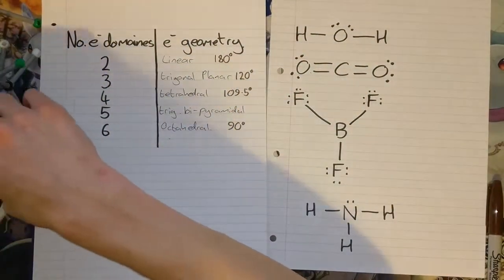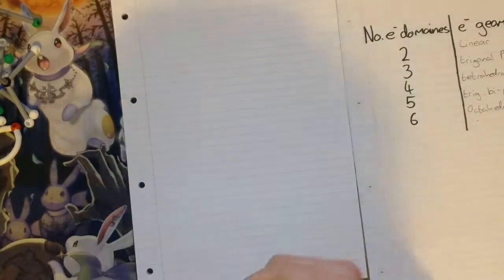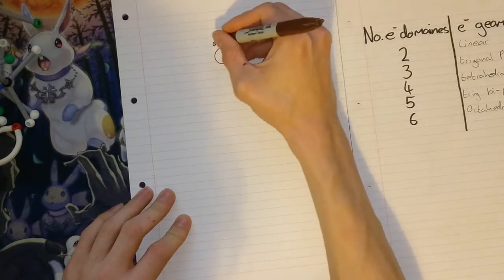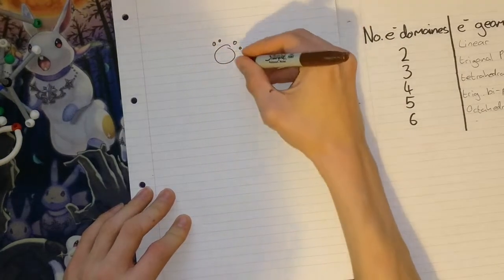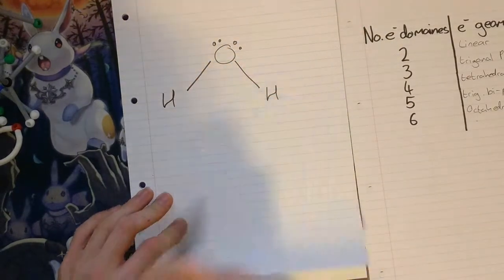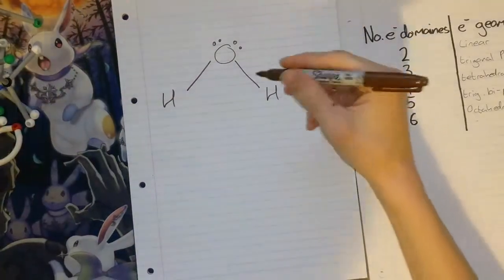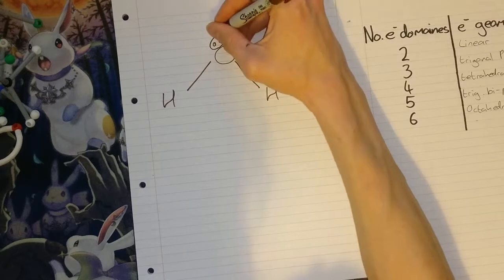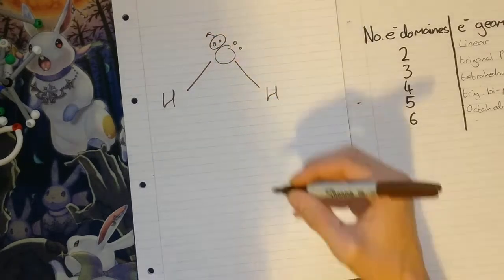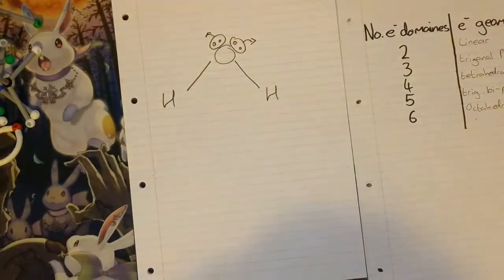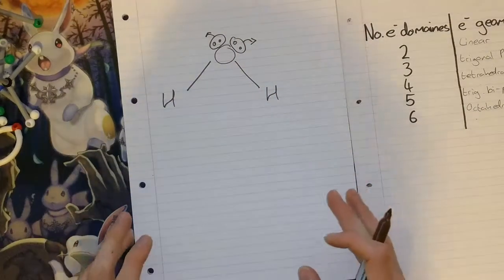Now you'll also get things like water, which I don't have a model of, but I can draw you. So we'll have our oxygen, with 2 lone pairs on the oxygen. We'll have a hydrogen down here, a hydrogen down here. Now, the way I've drawn this is kind of misleading. You see this lone pair will be heading into the paper, and this lone pair will be heading out of the paper, which will give it an electron geometry of tetrahedral.